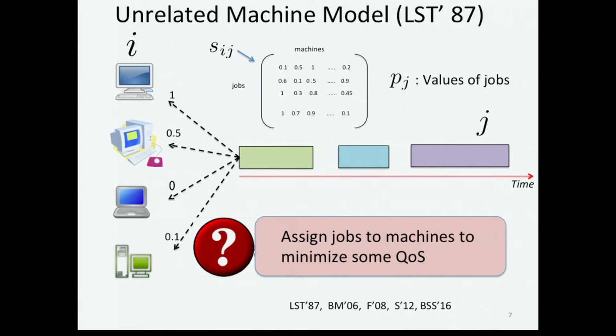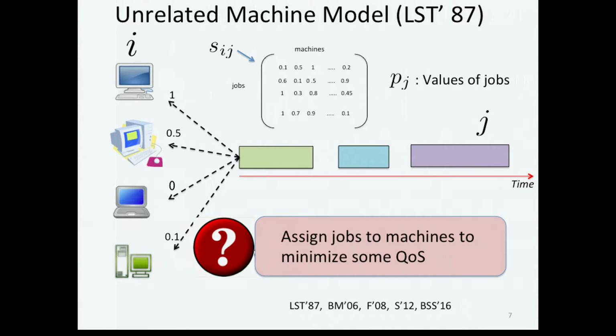And what is the unrelated machine scheduling problem? We are given a set of jobs and a set of machines, and you want to assign these jobs to minimize some quality of service. This is perhaps the most well-studied model in scheduling theory and even in approximation algorithms. It has not only practical relevance, but it's also textbook material in the design of approximation algorithms.